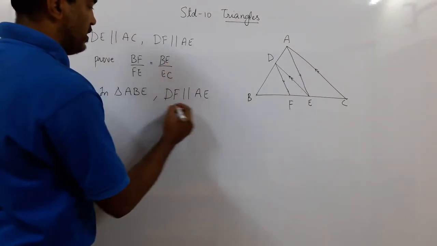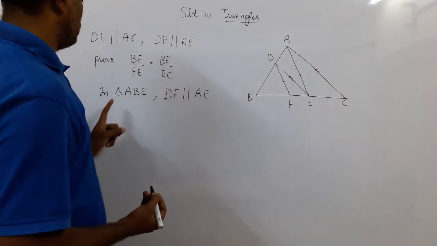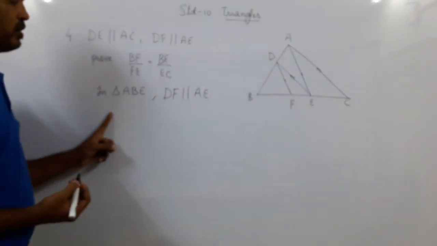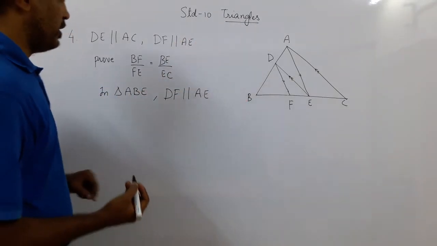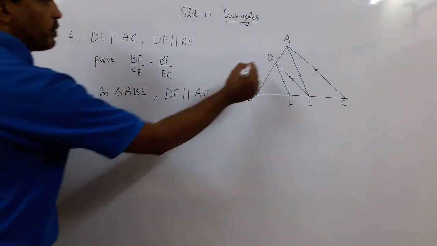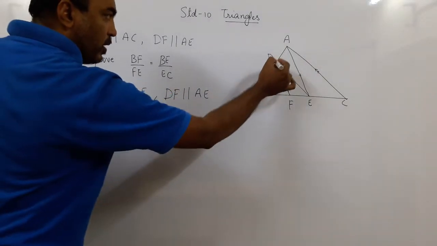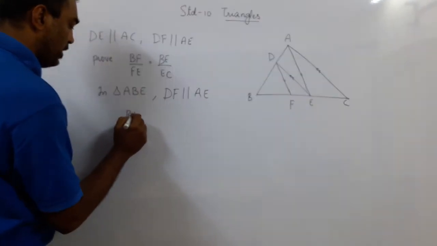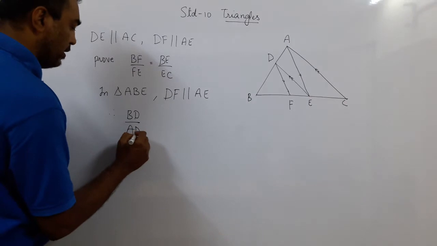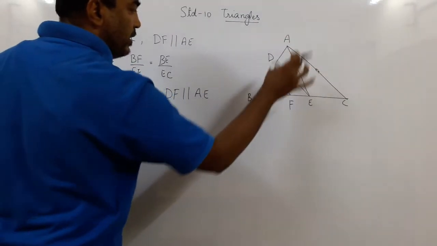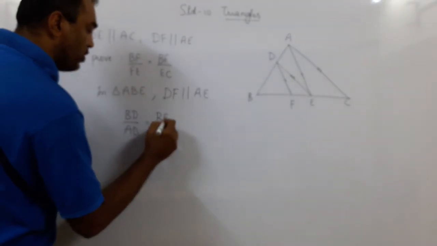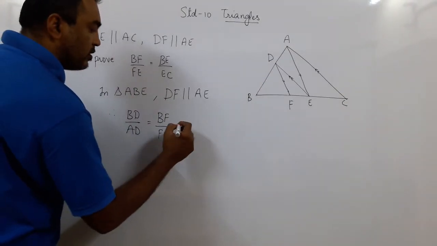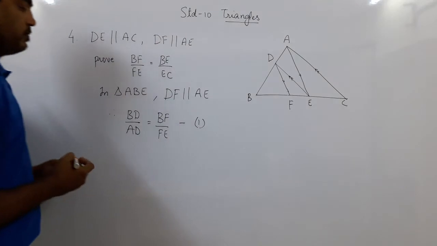It is given DF is parallel to AE. Therefore, BD upon AD is BF upon FE. This result I call 1.